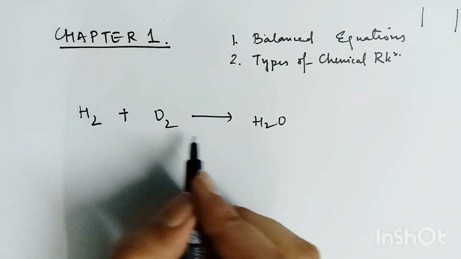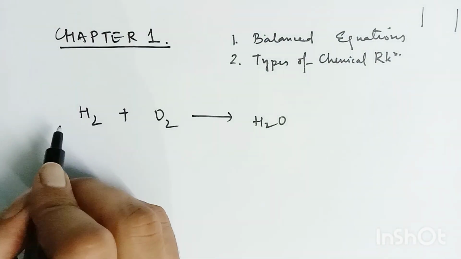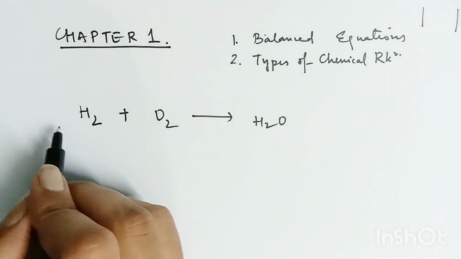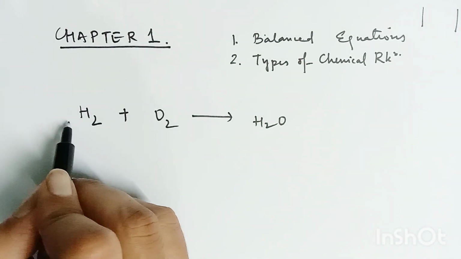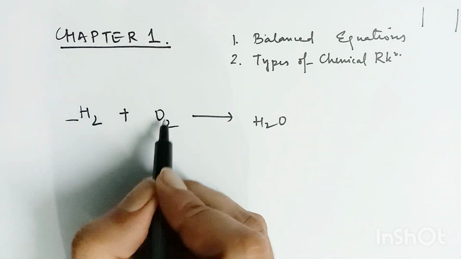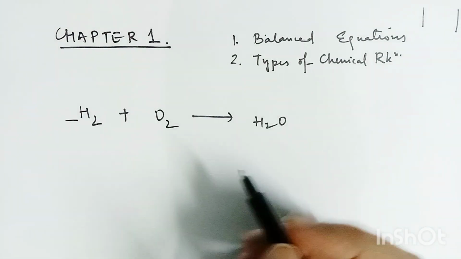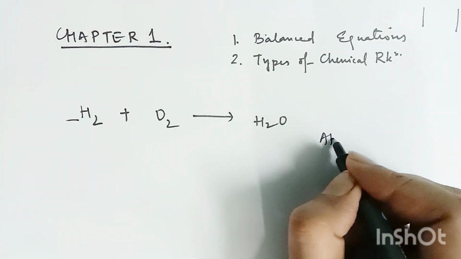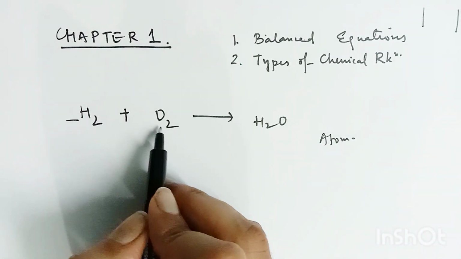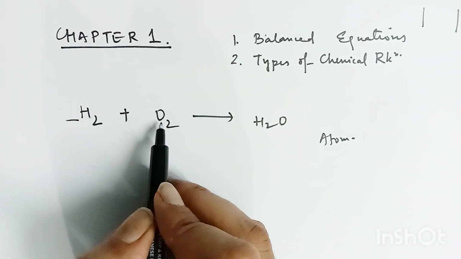Suppose you are given this equation. You must remember, to balance a chemical equation, you can put a number only to the left side of a molecule. If you want to know what is an atom or molecule: an atom is like this, O. O2 is a molecule.